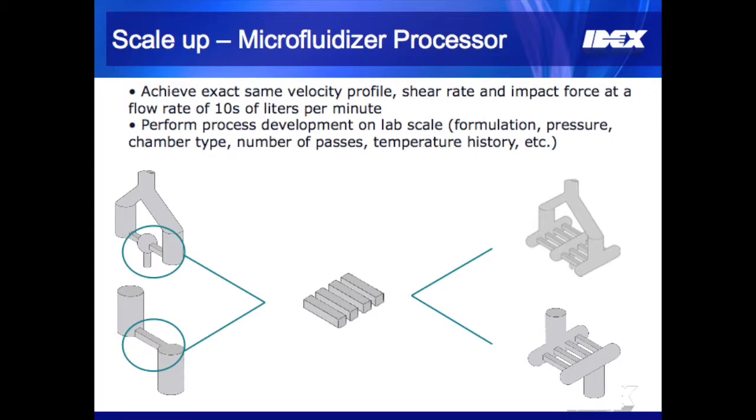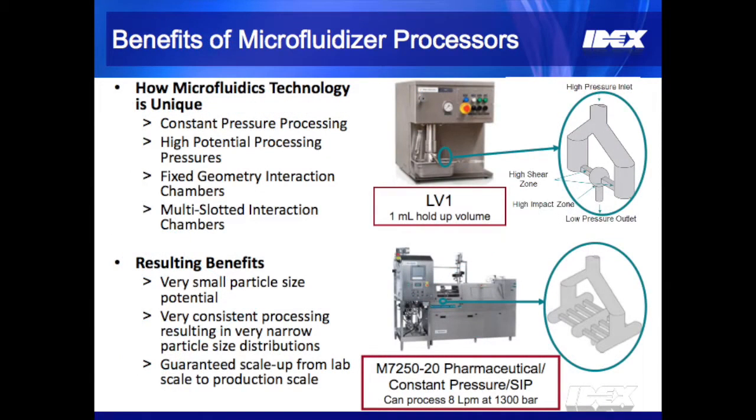We are able to place microchannels in parallel when we scale up to ensure that the processing conditions that you were able to achieve on your lab scale will be replicated exactly on the production scale. This is just a quick summary of what I just said. These are the key features and benefits.